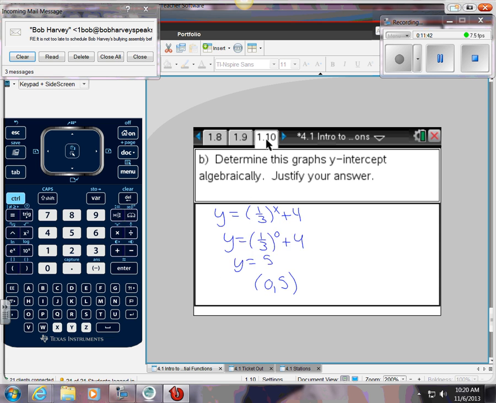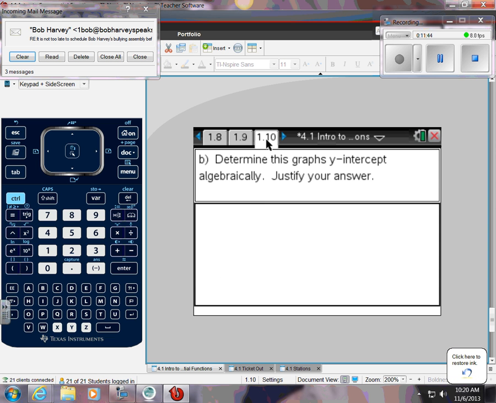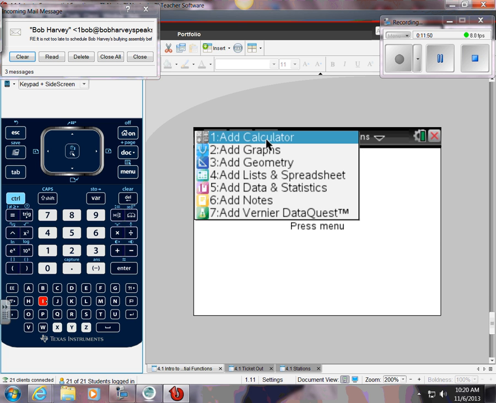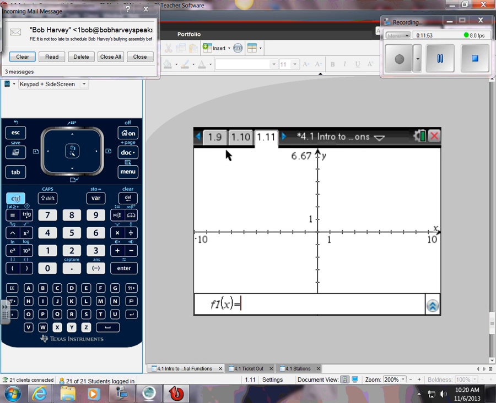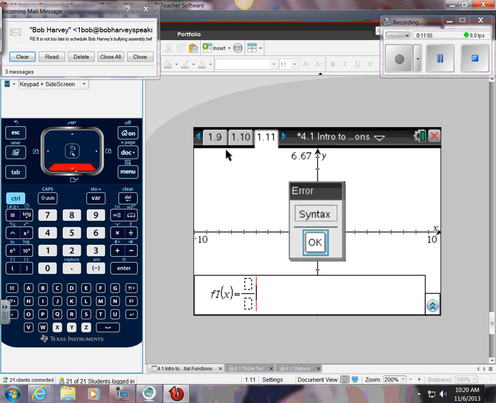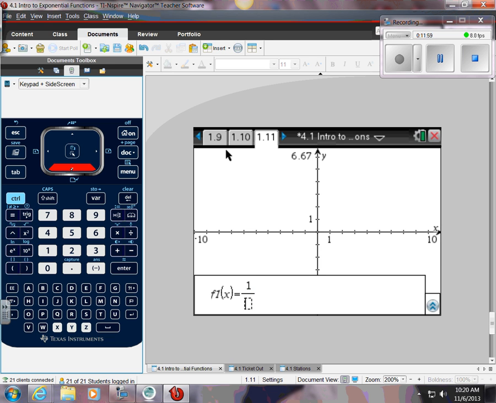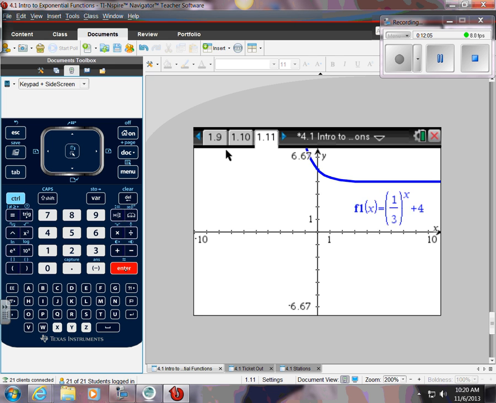So real quick, and then I got to move on to something different. What was it, 1/3 raised to the x plus 4? There it is. Where's your asymptote? Y equals 4. Okay.